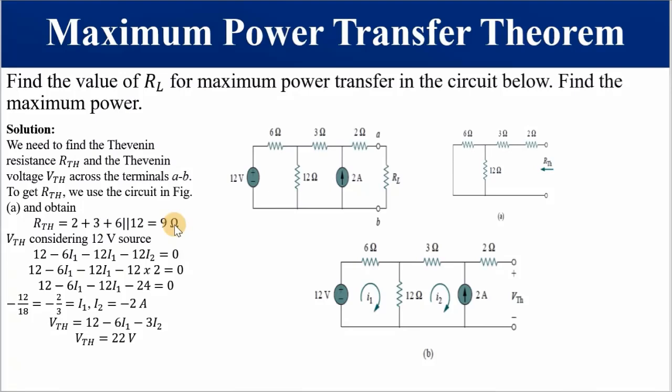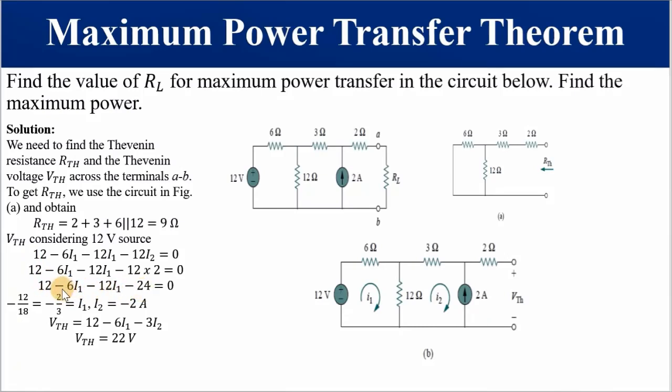We are now going to find V-Thevenin so that we can calculate the maximum power delivered to RL, and we are going to make use of Kirchhoff's voltage law. 12 volts minus 6I1 minus 12I1 minus, this current is going in the opposite direction, 12I2. I2 is going to flow through this, and this is going to give us 0. We know our I2 is equal to 2 amps.